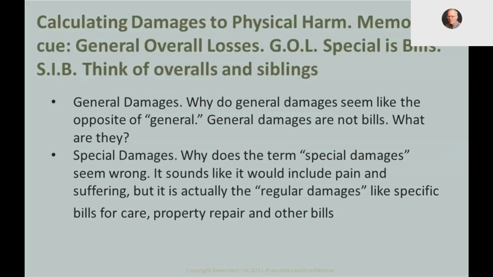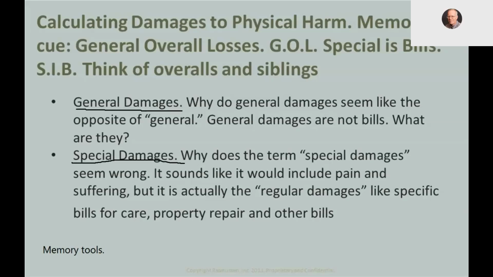So here's a memory. This is purely a memory tool. What are the actual terms, the terminology? There's a term called general damages, and there is another one called special damages, or people call it special.